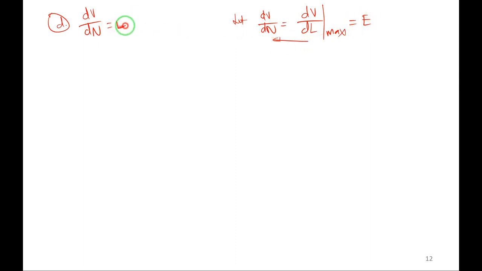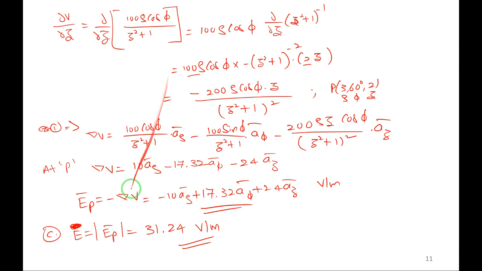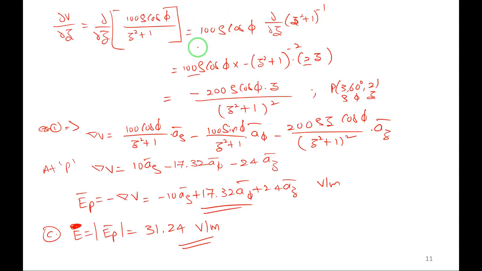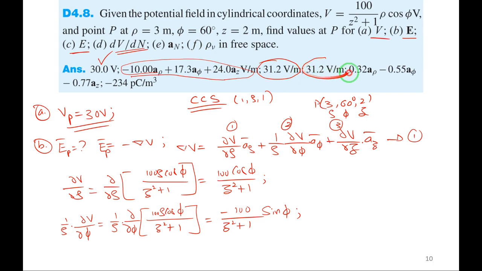So dV by dN is equal to E. What is E? In the previous case you have done 31.24 volt per meter. Got it? dV by dl max is nothing but E, right? So E is equal to dV by dN. This E already we have calculated. So this is also over. Part D, 31.24. So dV by dN, this is over. Next we will see part E, a N vector.